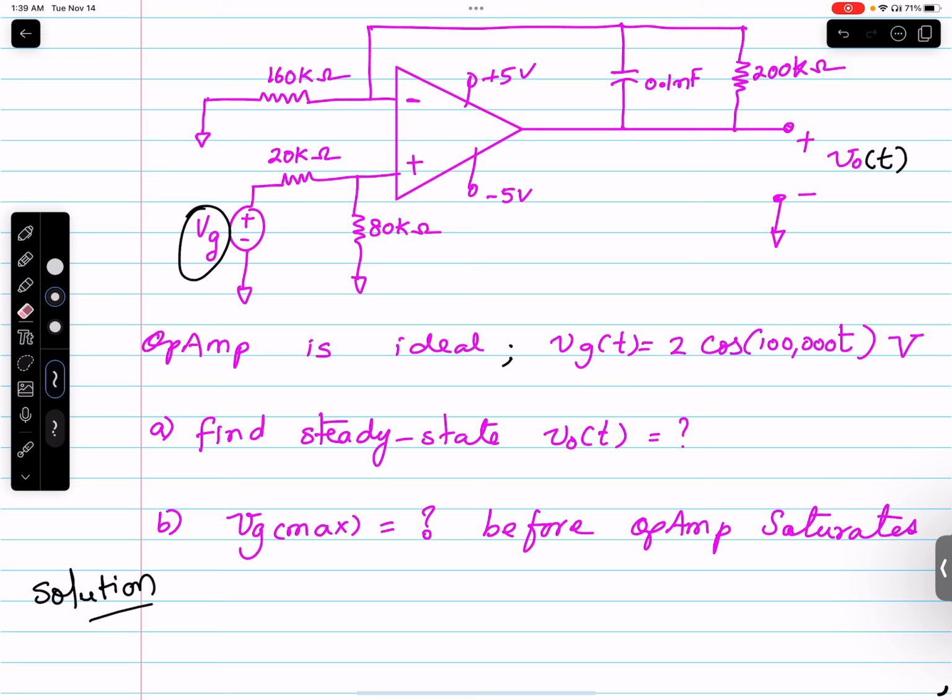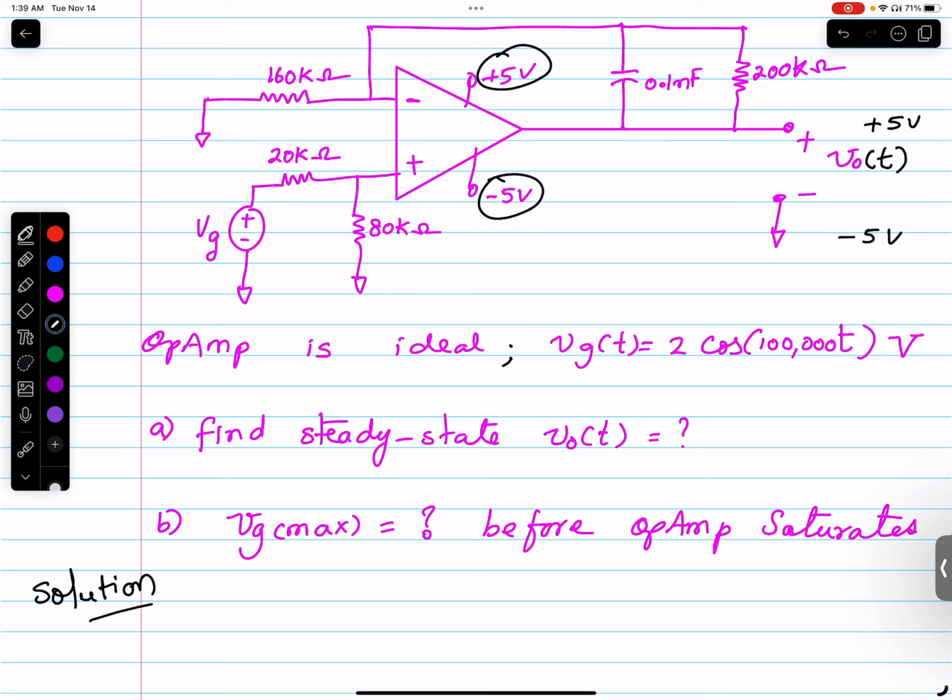If you remember from chapter 5, an op amp saturates when the output reaches plus Vcc, which is positive 5 volts, or negative Vcc, which is negative 5 volts. So this is plus VCC.